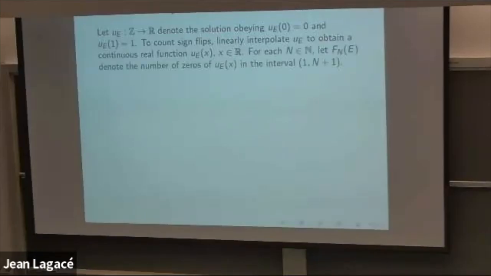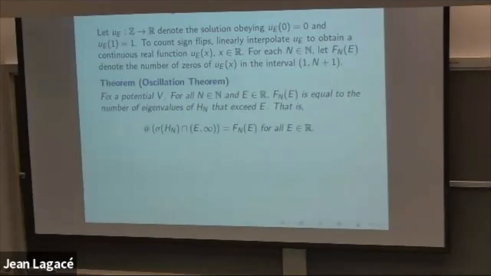For each n, you count the number of zeros of this interpolated function in the interval from 1 to n plus 1, and denote that by F_n of E. E is the parameter on the right in the difference equation, n is the length of this interval here, and you count the zeros.